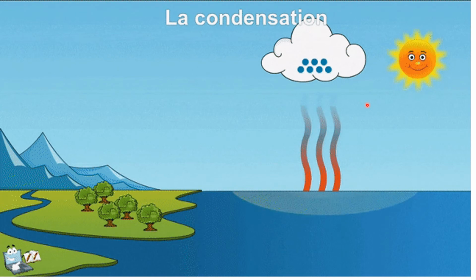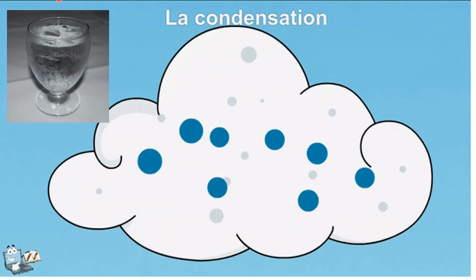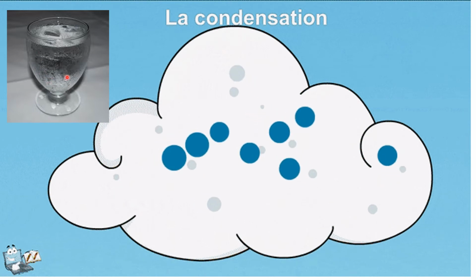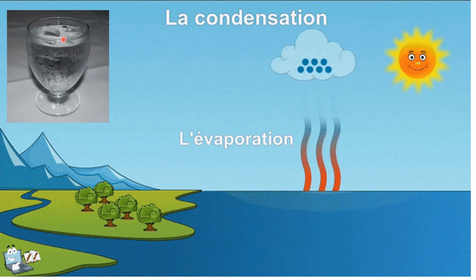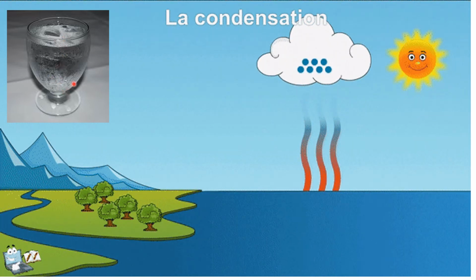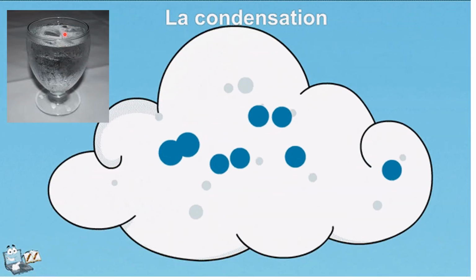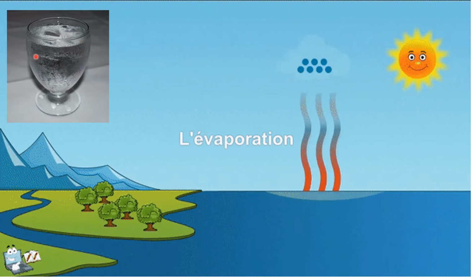For example, have you ever seen water droplets outside of your glass when you fill your glass with chilled water? Yes, we have seen it so many times. Why does it happen? Because when you fill chilled water inside the glass, the surface of the glass also becomes chilled.